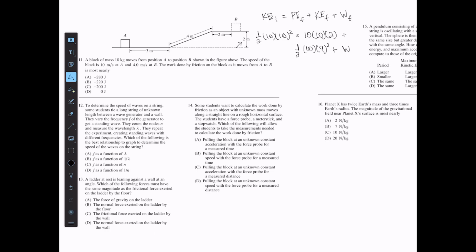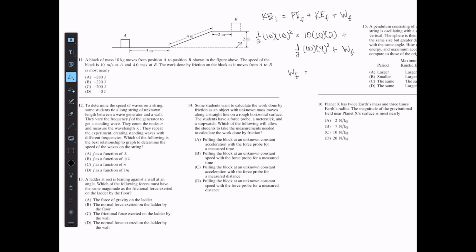And then plus work done by friction. If you solve for work done by friction, let me just plug it in real quick. You get 220 joules, or negative 220 joules.